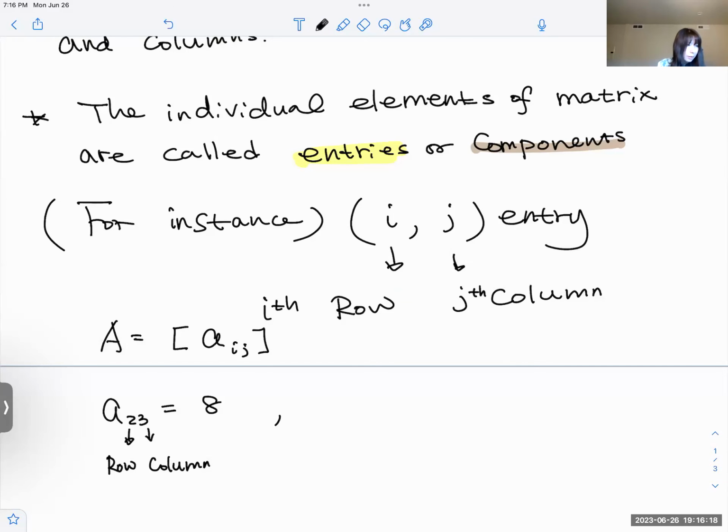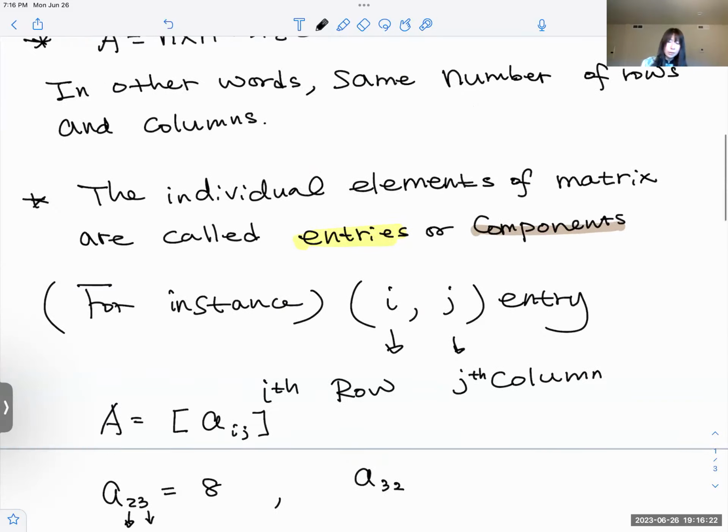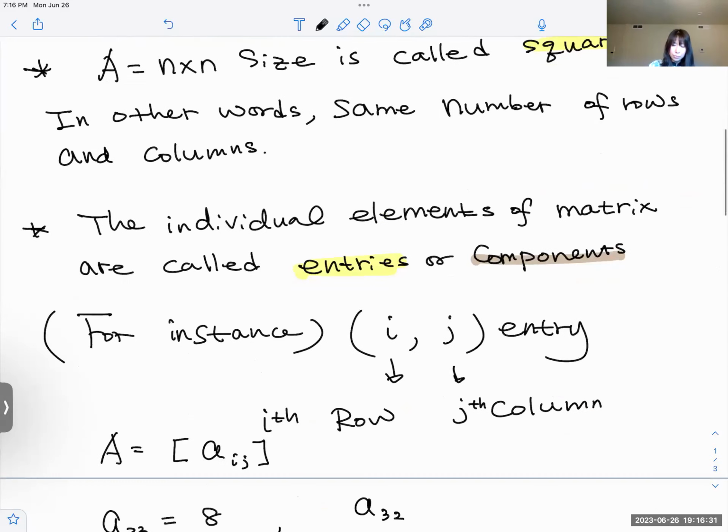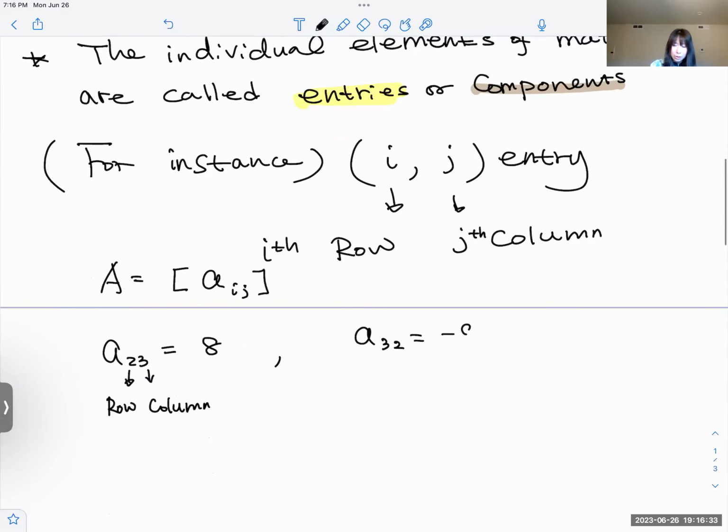How about the opposite, 3, 2, what do you get? Third row and second column: -9. Excellent. Okay, so that is entries, row, column.